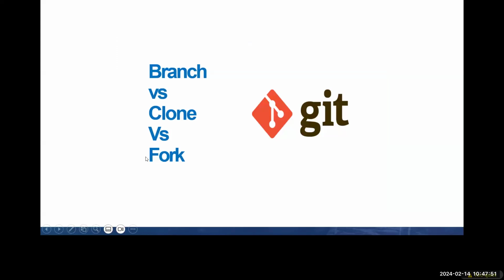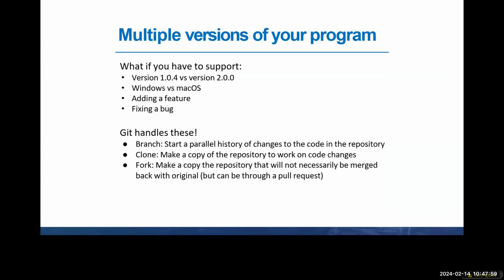Now, we have some famous terms in Git, which are branch, clone, and fork. We will see what they mean. Consider that we have multiple versions of your program. What if you have to support version 1.0.4 versus version 2?